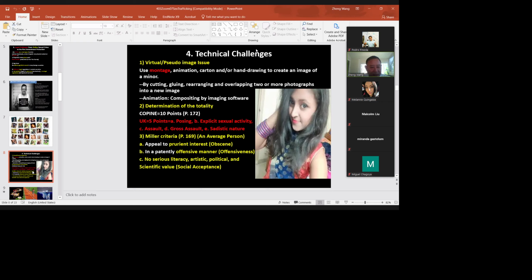It's a semi-image, I use pseudo. The first one is they use montage technique to avoid legal trouble. Anybody can tell me what a montage technique is? Anybody?